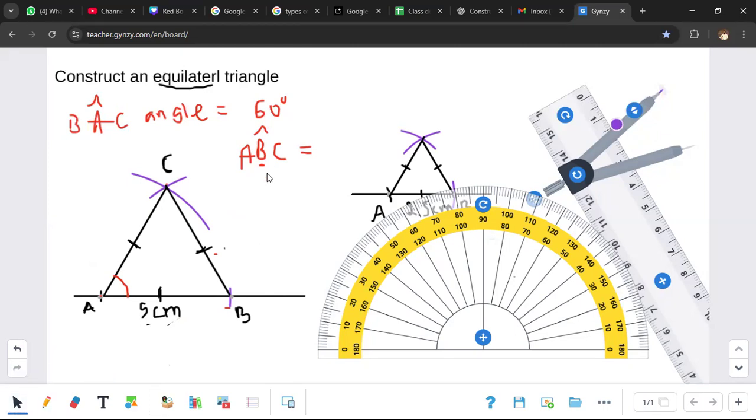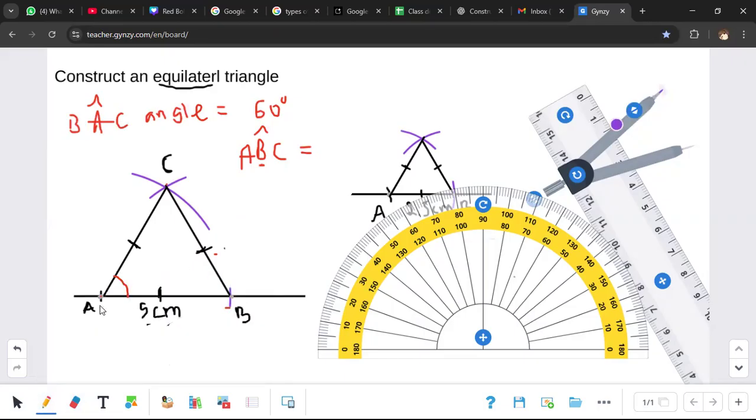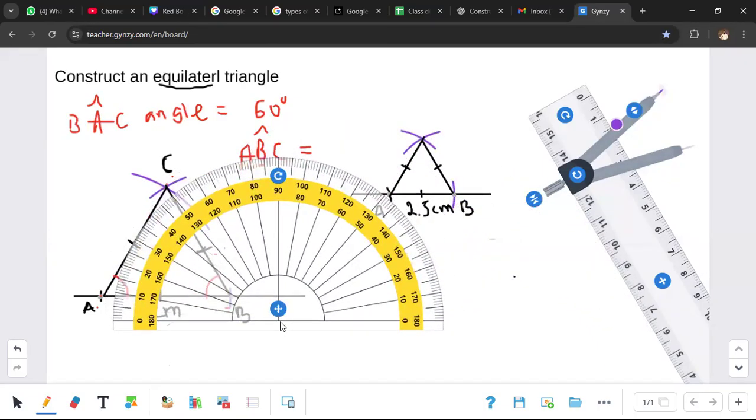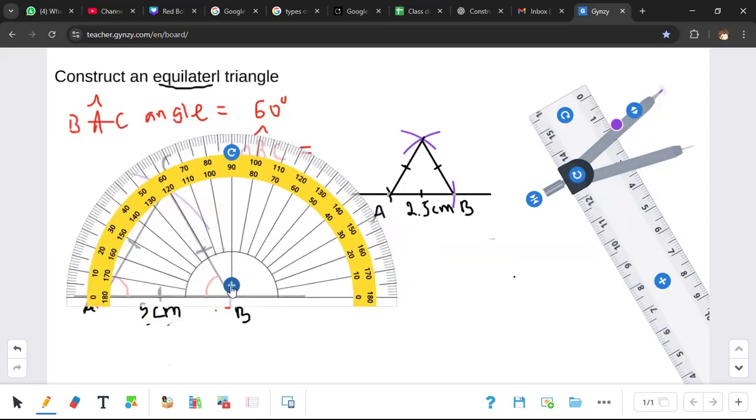So ABC angle, right? This is your angle. So you are going to take your protractor, and this is the middle or the origin of the protractor. You are going to place it on the point B.